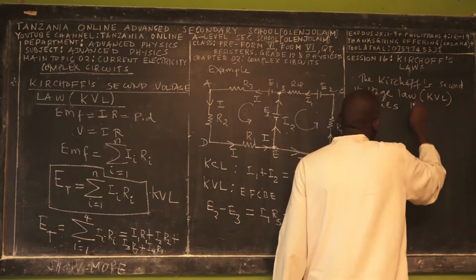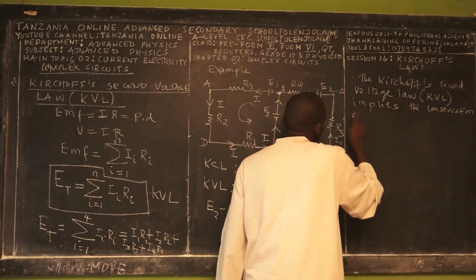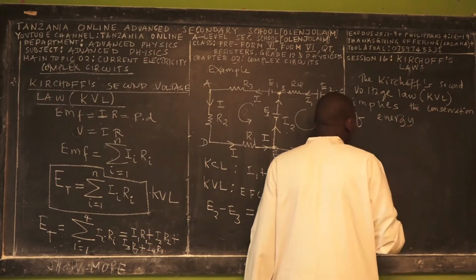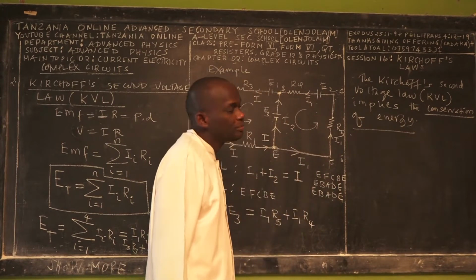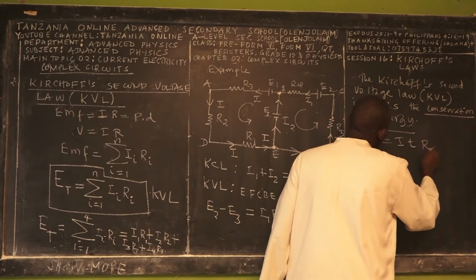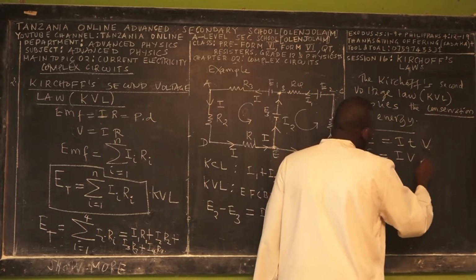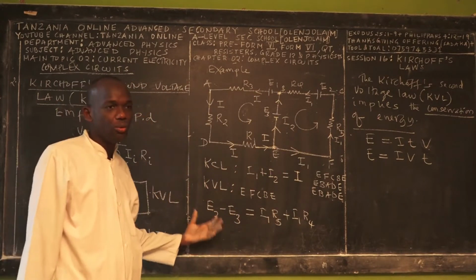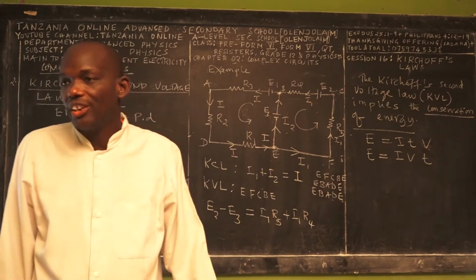It implies the conservation of electric energy. You know why? Because remember that electric energy, we say it is current times time times what? Voltage. So electric energy is equal to current times voltage, then times time. So energy is conserved. Why? Because energy on the left hand side is equal to energy on the right hand side. That means conservation of energy.